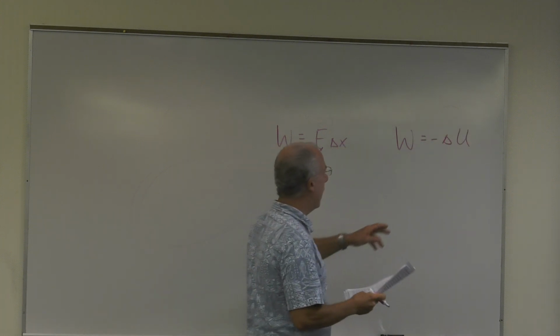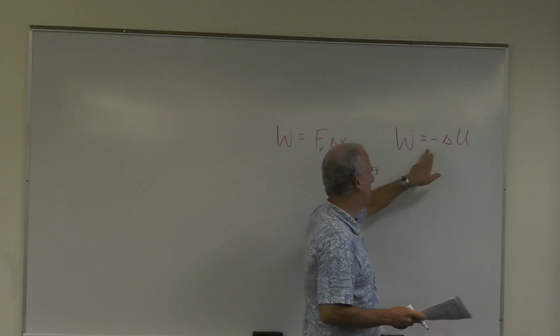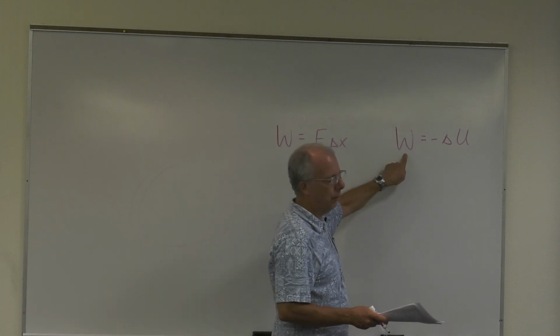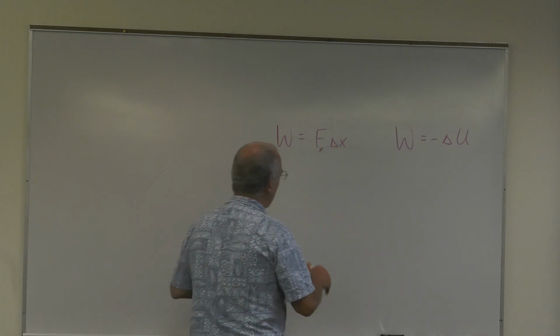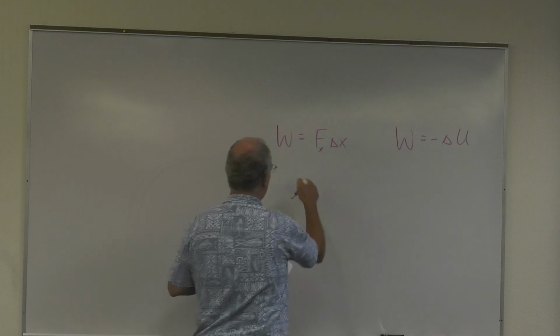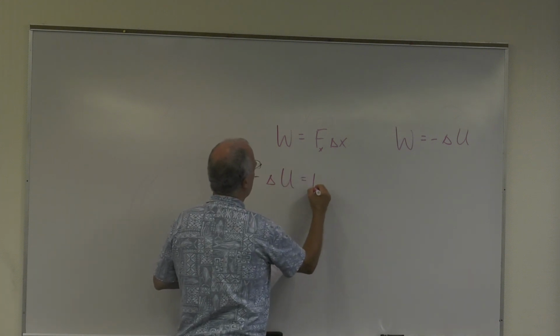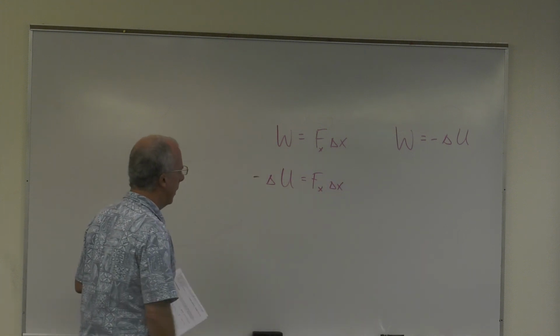Remember, we used that because we don't know how to calculate this from first principles, but we can calculate the work, piece of cake. We did that for gravity and also for the spring. This is super important. So let's do a little substitution. Let's substitute minus delta U here, so we have minus delta U equals F_x delta x. Well, let's divide both sides by delta x.